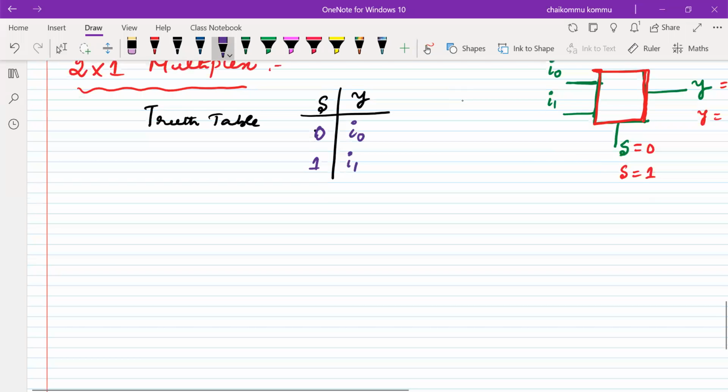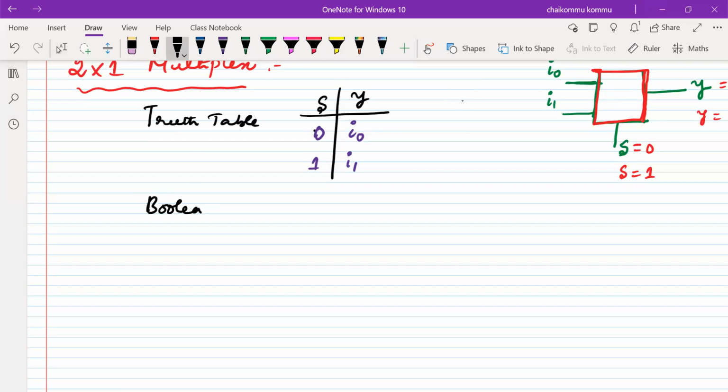From this, it is easy to understand that we can generate a Boolean equation from this one. Okay, Boolean equation. Simply we can write it. Y is actually S bar into I0 or S into I1, as simple as that.